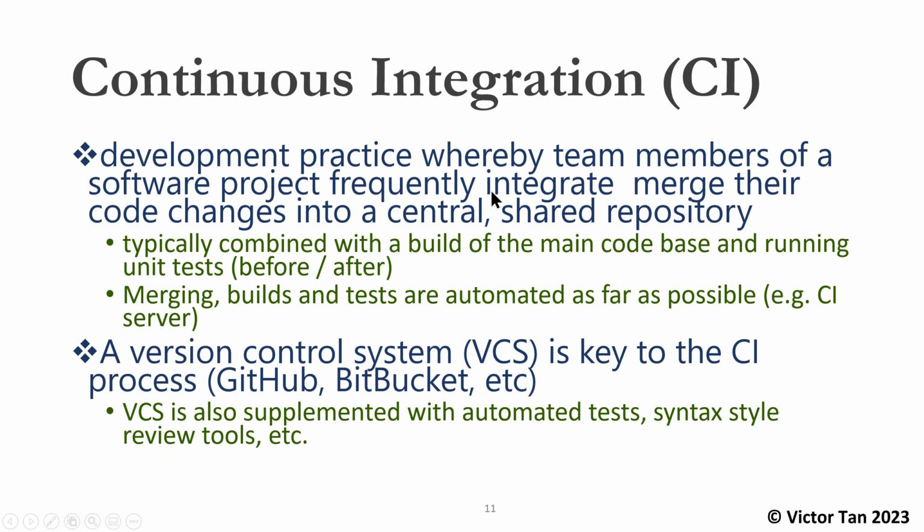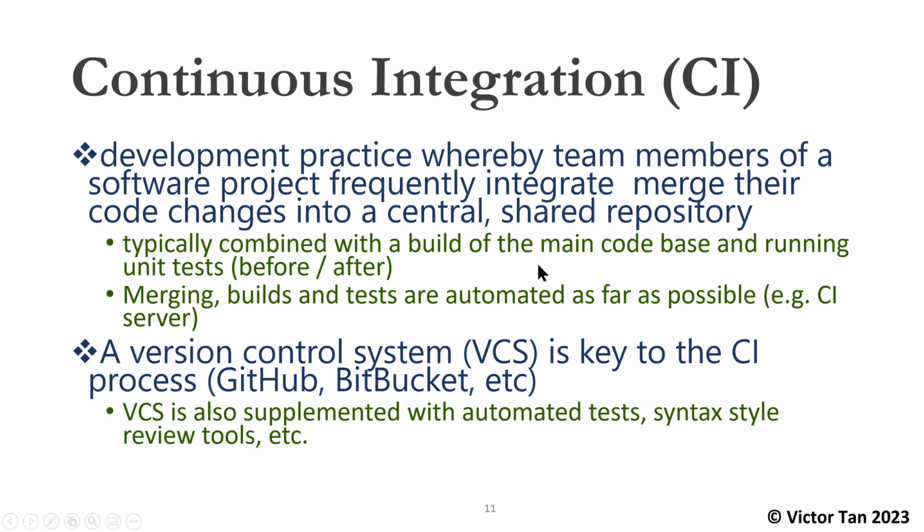Okay, so what happens is as the team members work on the various aspects of the project, they are going to merge their changes, their development, back into this central shared repository, and they are going to do this frequently. Okay, so the keyword here is that it's going to be done frequently. Therefore, the idea of continuous integration.